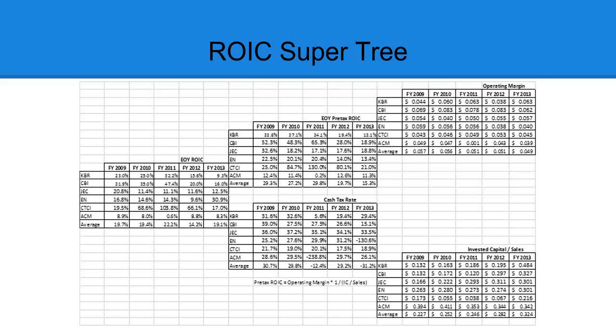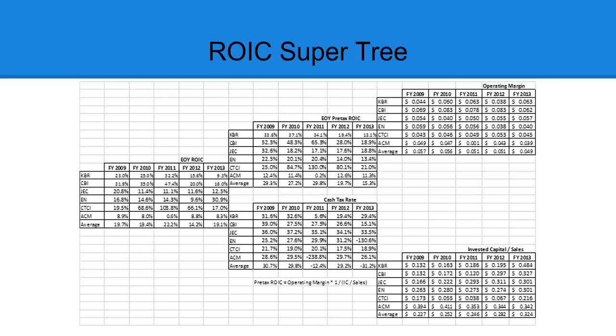So if the operating margin increases, the ROIC should increase as well. This holds true for all years except for fiscal year 2013, when the operating margin for KBR, if you see in the very last column, was the greatest for the five-year time span, but the ROIC for KBR in fiscal year 2013 was the least.